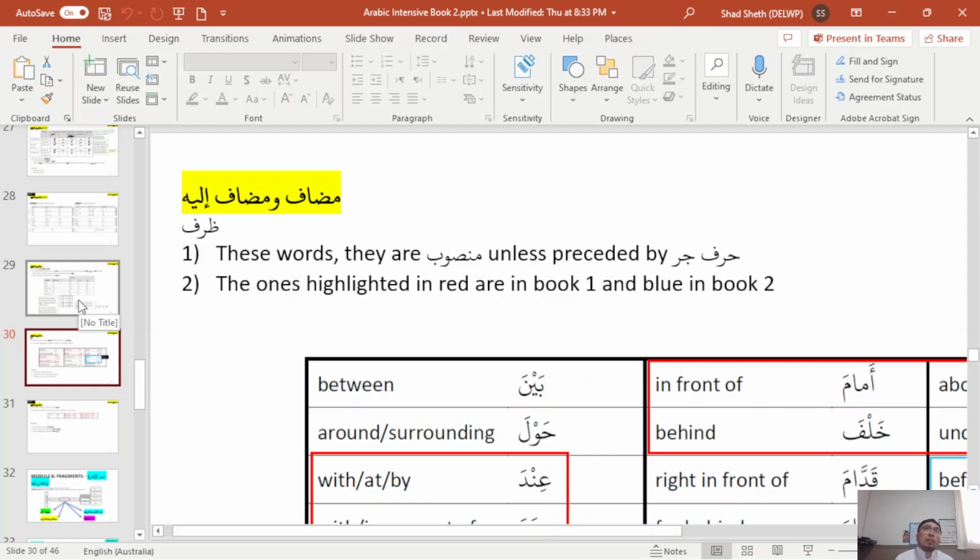Then moving on to the other fragment, for example the na'at man'ut. What are the rules for na'at man'ut again? The rule for na'at man'ut. Gender has to be the same. Not just gender. What are the rules for na'at man'ut?